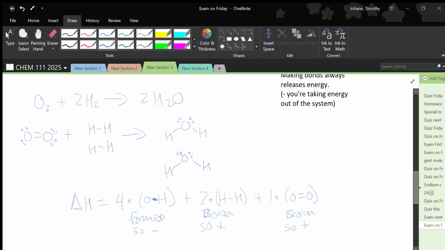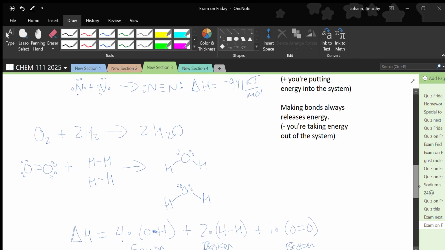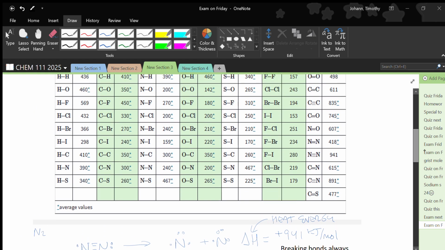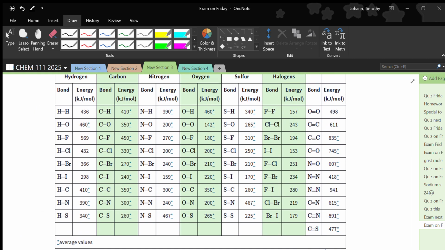And then I'm going to make sure to have my negative signs and my positive signs in the right places. All right, you guys hold whatever the OH bond is worth in your head. You guys hold whatever the HH bonds are worth in your head.